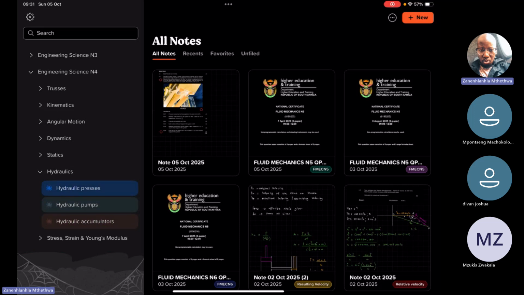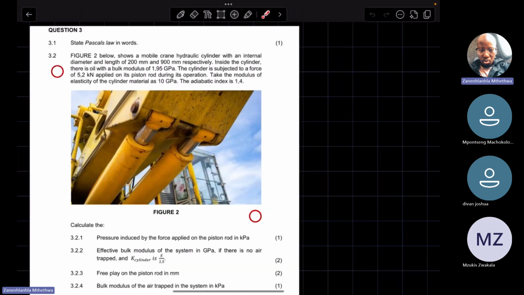Yes. That is what we cover in N4, and that's how hydraulic presses operate. They operate under Pascal's law.